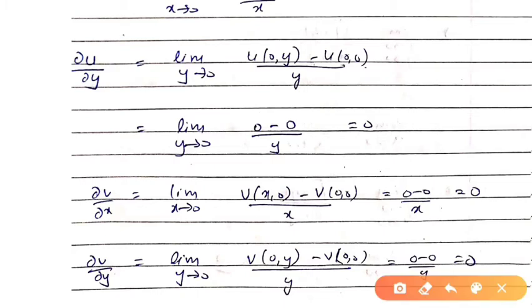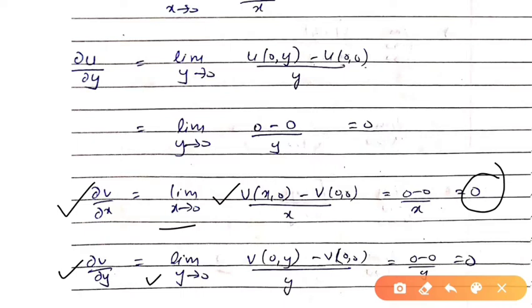Now for the function v, del v upon del x, limit x tends to 0. Same formula, v of x,0 minus v of 0,0 upon x. But our whole v is 0. So again you will get your limit as del v upon del x equal to 0. In the same way, del v upon del y, you will use the formula limit y tends to 0, v of 0,y minus v of 0,0 upon y.